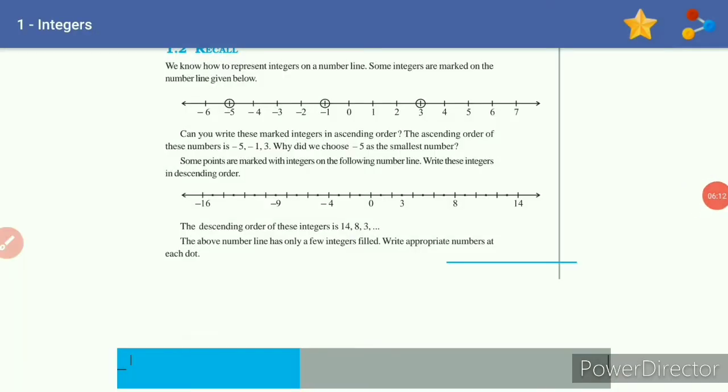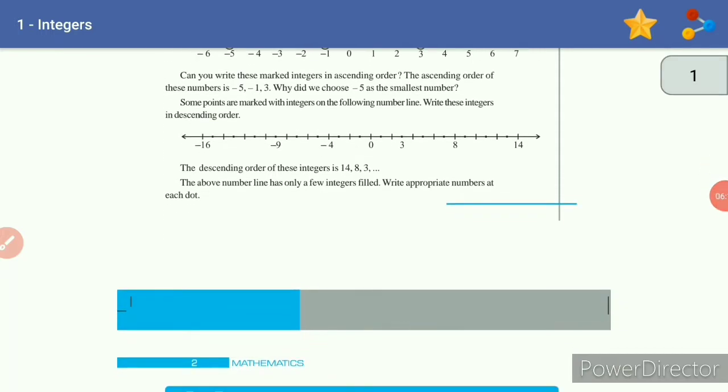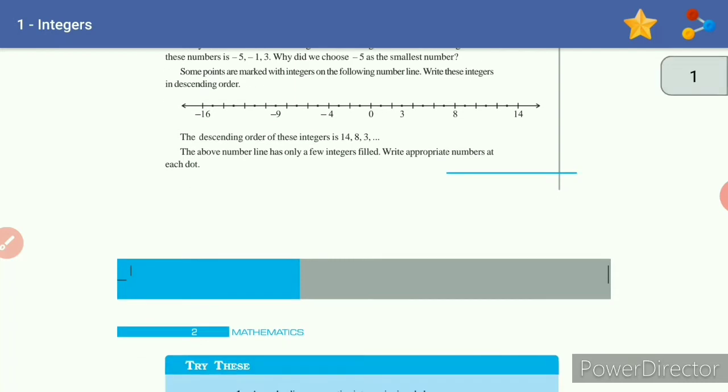Now one more example has been given by them. Some numbers are marked on a number line: -16, -9, -4, 0, 3, 8 and 14. Now can you arrange these numbers into descending order?